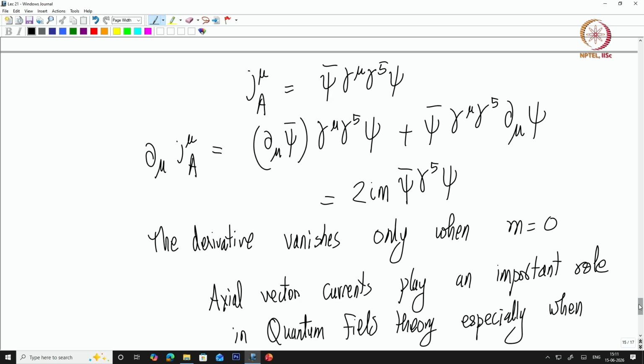Notice that in this limit the Dirac spinor is independently written in terms of two components, two Weyl spinors, or chiral spinors, or two-component spinors. So independently you will have two chiral transformations, one for the left handed and one for the right handed.